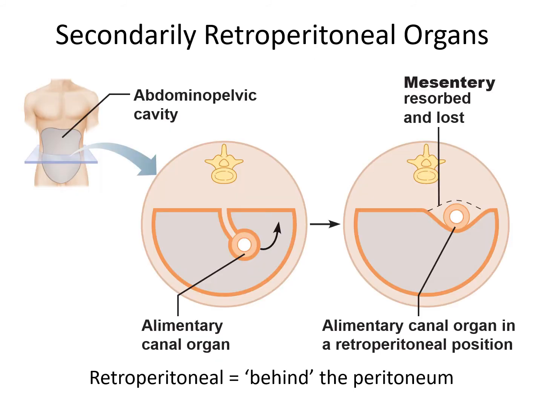So a nice little schematic of that. So here we have a part of the alimentary canal that is retroperitoneal. And again, that means it's behind the peritoneum. So things like the pancreas, for instance, develop in this way. In the embryo, they are inside the cavity and they get pushed out of the cavity.